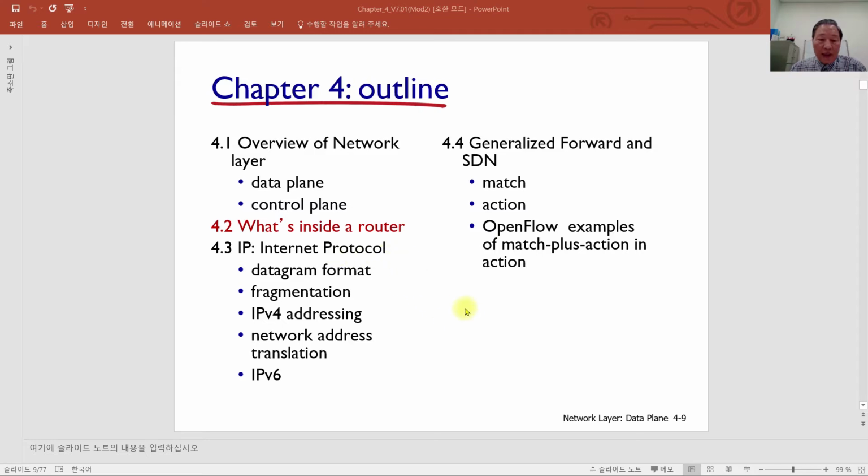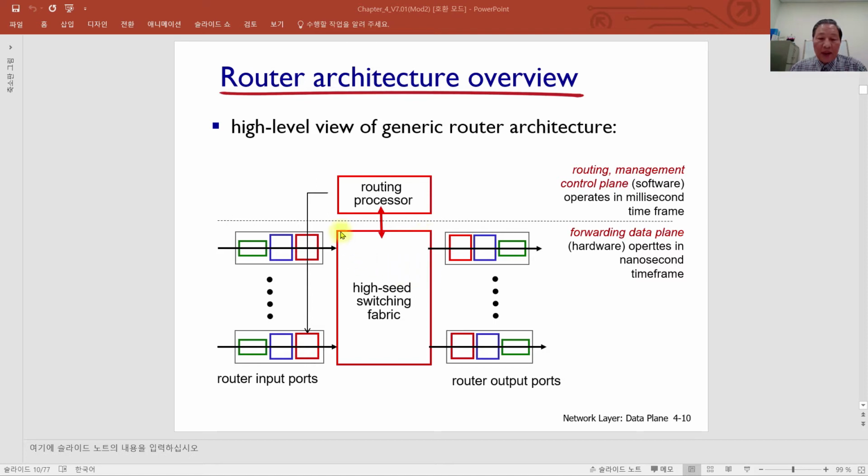And let's look at some architecture of a router. This subchapter is explaining about that. What is inside a router? If we are using this block diagram, functional block diagram, we can understand the architecture of a router.